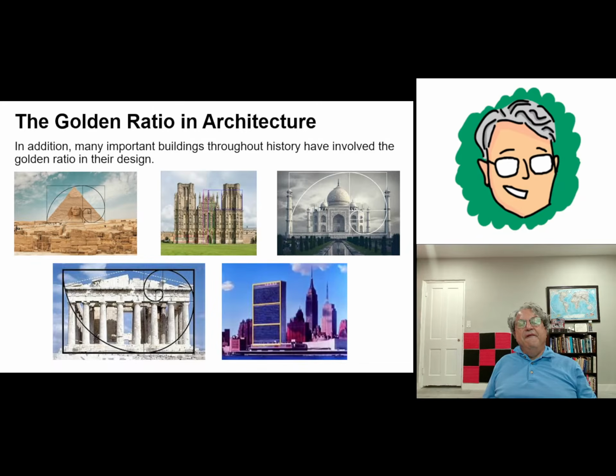And finally, you might be surprised to learn this, but the United Nations headquarters, which I believe was built in 1945, also involves the golden ratio in its architecture. As a matter of fact, it involves it three times. There are three golden rectangles on the side of the UN building, and you can see them in this picture. And I believe that was deliberate as well.